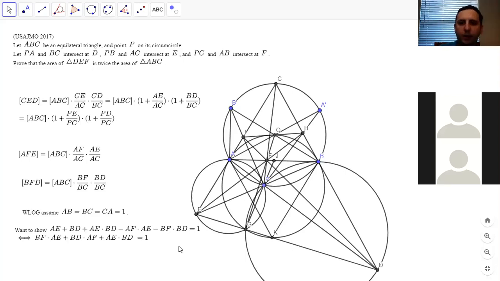But we know that AF over AP is CF over CB. But like we have, we need AE and BD.